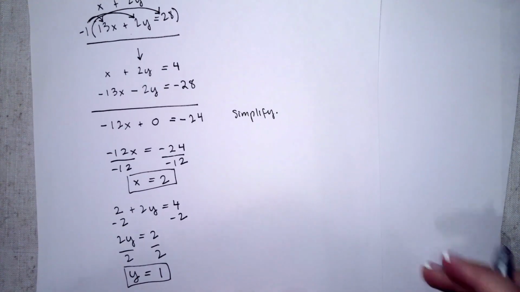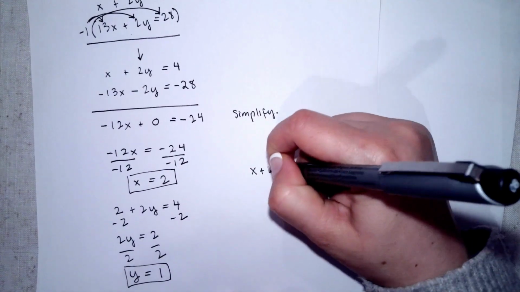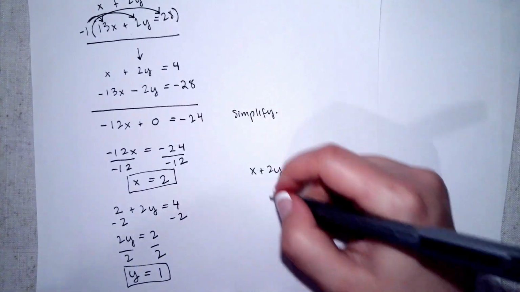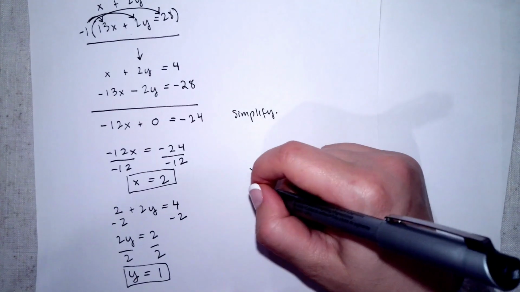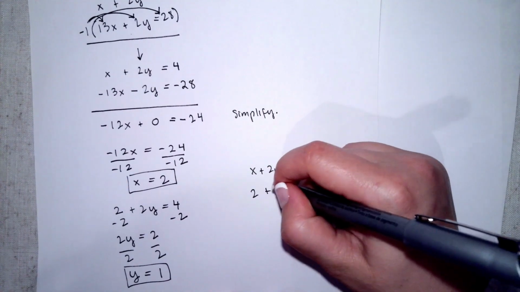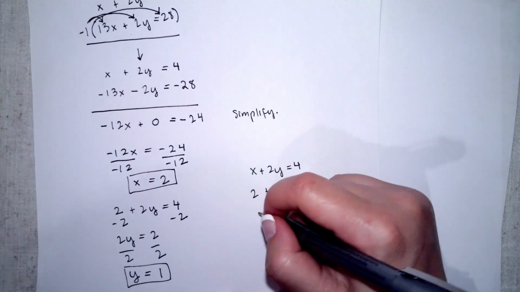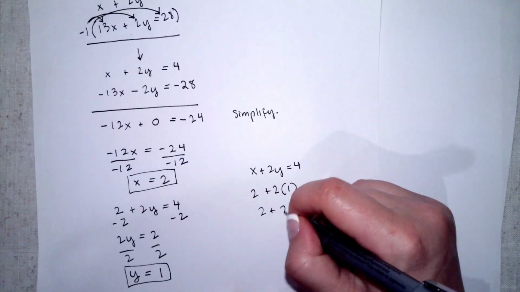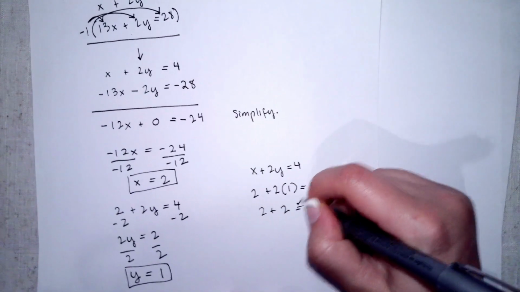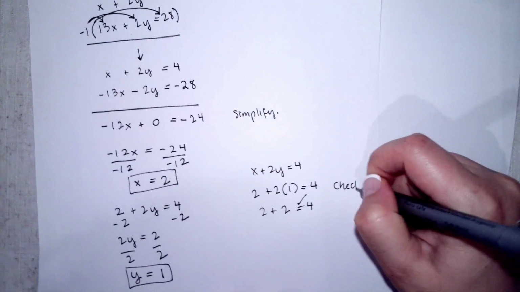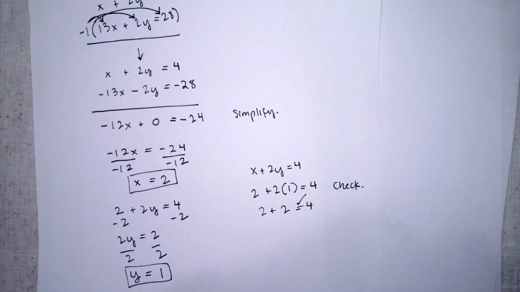So I'm going to take that top equation again, and I'm going to plug the variables in. So x is 2, plus 2 times y, which is 1. 2 plus 2, 2 times 1 is 2, is equal to 4, and so our check checks out. Okay, so that was subtraction.